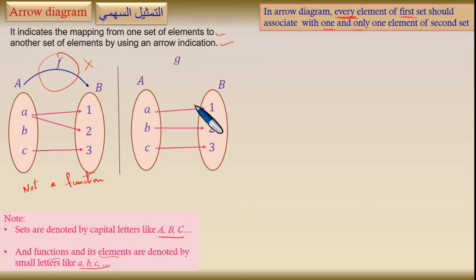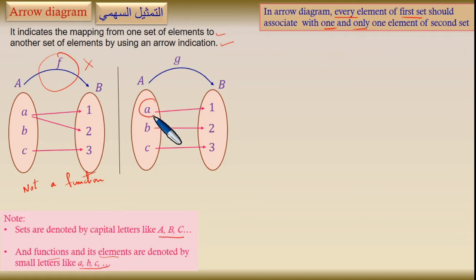Here the function g, which maps from A to B. As per this definition of the arrow diagram, every element of the first set, here the elements are A, B, C, should associate with one and only one element.